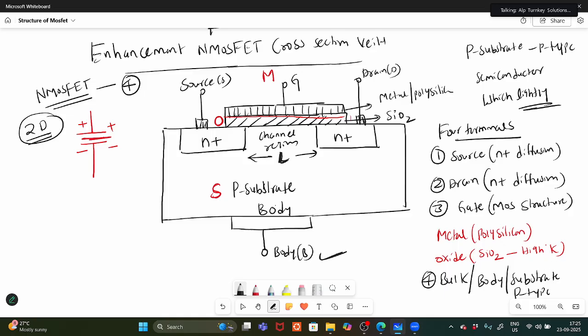So source, drain, gate and the bulk. These are the four terminals. Is it fine? Yes, sir. Okay, I'll move forward.